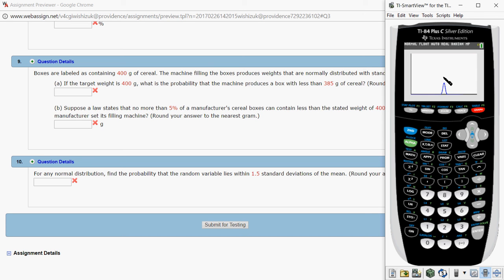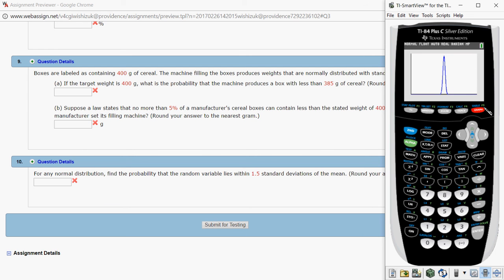It was a little too big, so I'll go back to window and change y max to 0.03 or something like that. There's a little spike there, so this is the normal distribution.